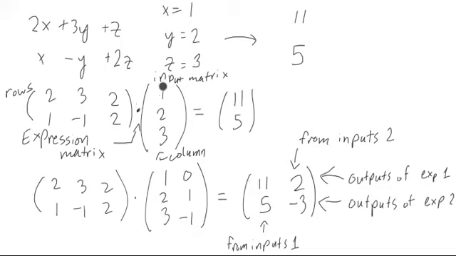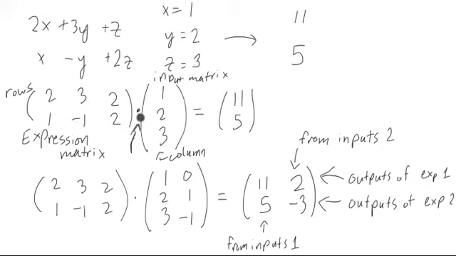So for the input matrix we think of its columns, and for the expression matrix on the left, we think of its rows as being expressions. So this 1, 2, 3 literally means x is 1, y is 2, z is 3. Then what should the output of this operation be, which really can be thought of as a plugging in operation.